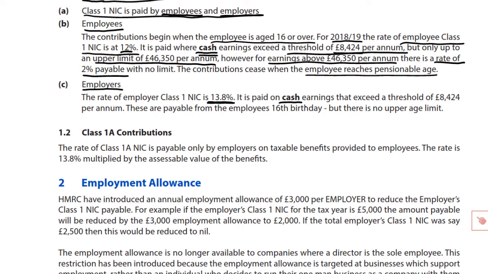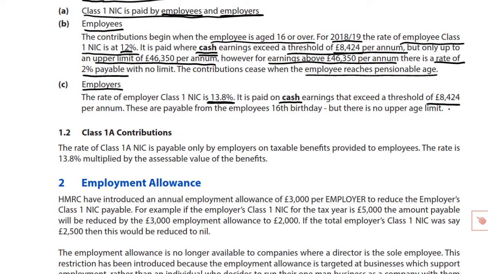And the only limit that we have to look at is that threshold of £8,424 per annum. Above that figure, everything there is at 13.8%. There's no upper limit at which it becomes a lower level. Everything above 8424 is going to be at 13.8%.